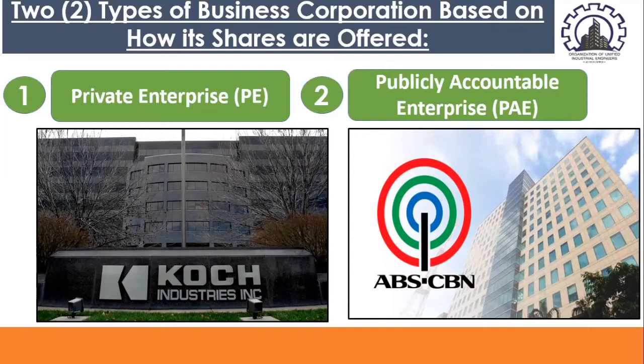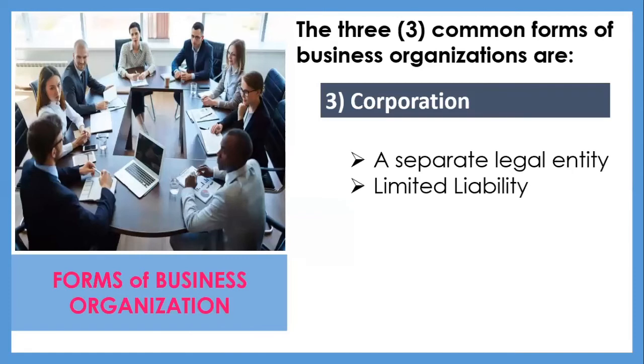And going back, some of the characteristics of a corporation are that it is a separate legal entity and has limited liability. Why is that so? Well, unlike the proprietorship and partnership, a corporation is a separate legal entity.